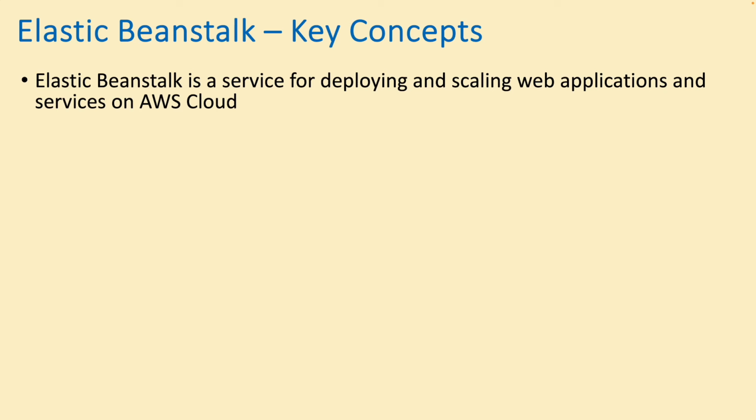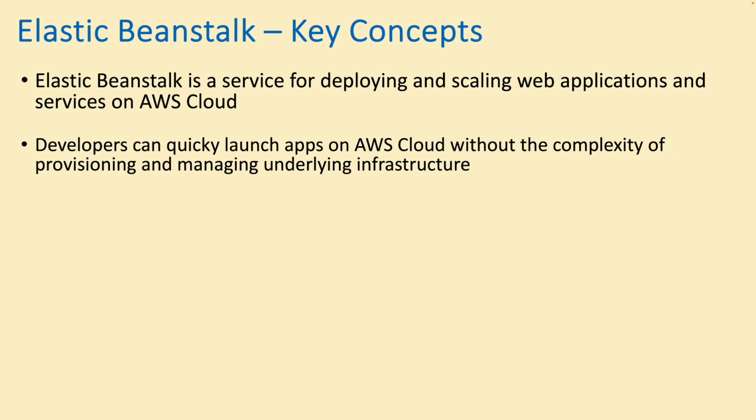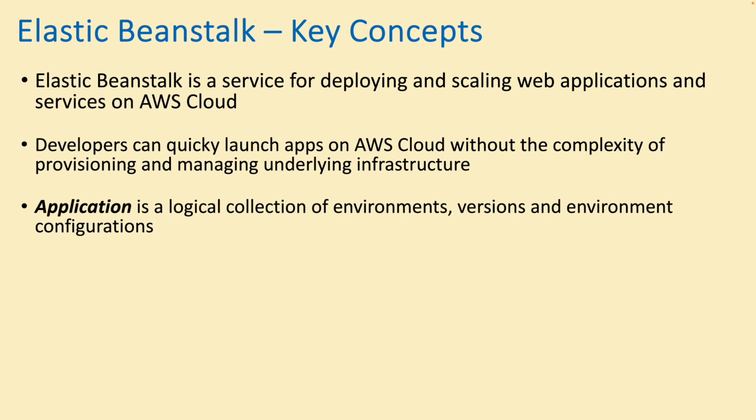Let's understand some key concepts in Elastic Beanstalk before going to real deployment. Elastic Beanstalk is a service for deploying and scaling web applications and services on AWS Cloud. Developers can quickly launch applications on AWS Cloud without the complexity of provisioning and managing underlying infrastructure. In Elastic Beanstalk, an application is a logical collection of environments, versions, and environment configurations.